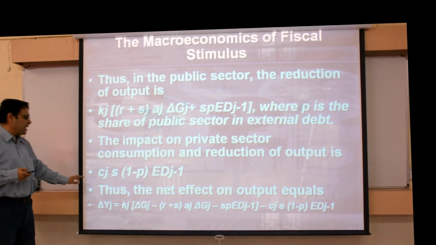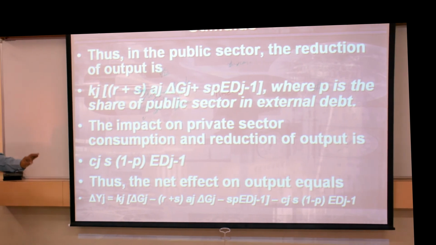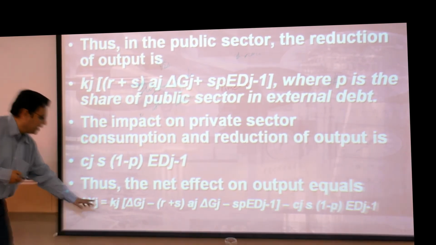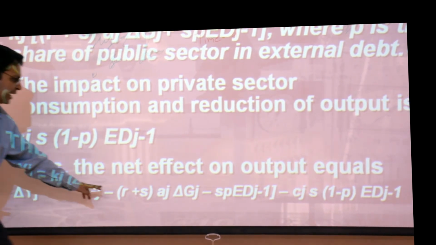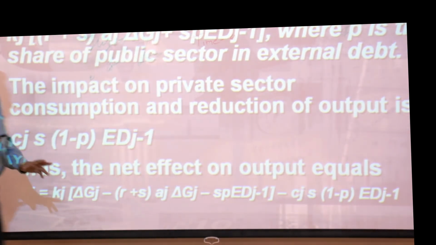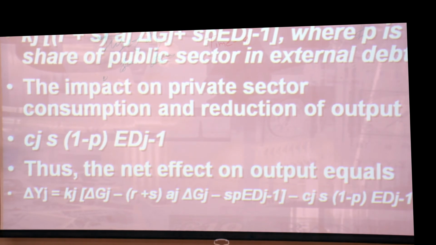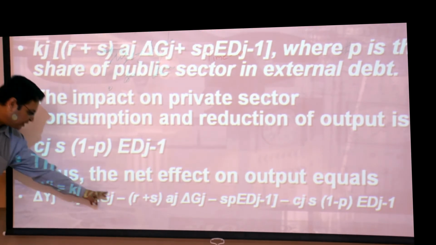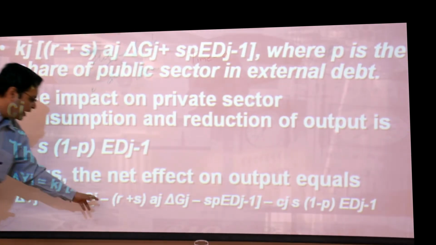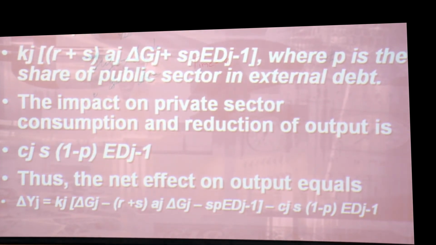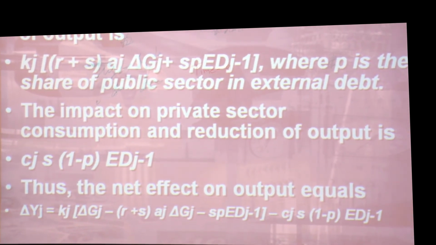Therefore, the net effect on output equals this final equation. This is what is coming in, and this entire thing is what is going out from the public sector as well as the private sector. This represents the expansion in the economy. The entire negative term represents what is going out of the economy because of the external borrowings.